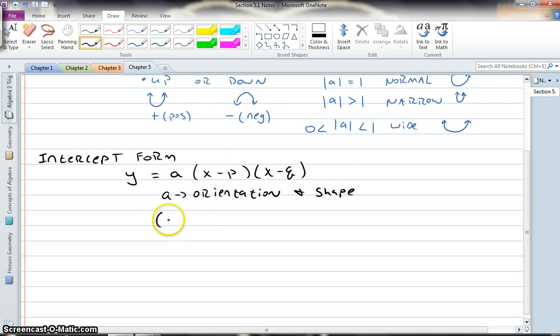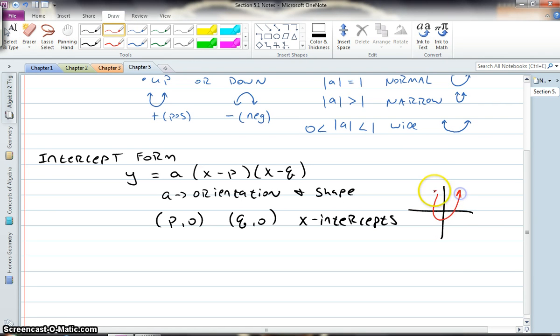So it's the opposite of p. p comma 0 would be one x-intercept, and q comma 0 would be my other x-intercept. Now you say, how can it have two x-intercepts? Well, again, think of it. If this is my graph, and my parabola is U-shaped, it's going to cross that x-axis in 2 places, hence the x squared. So 2 solutions, 2 x-intercepts.